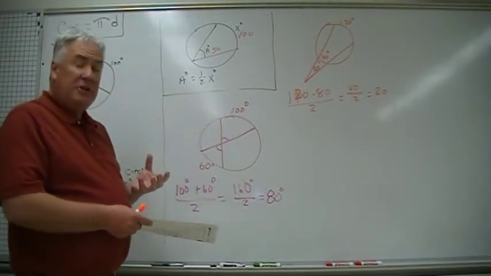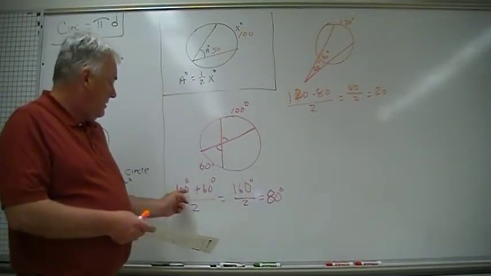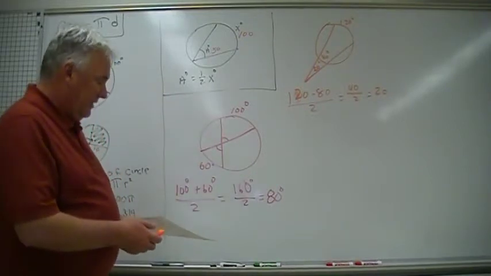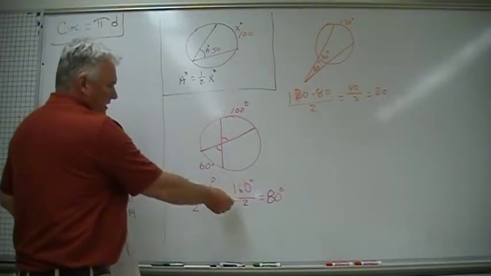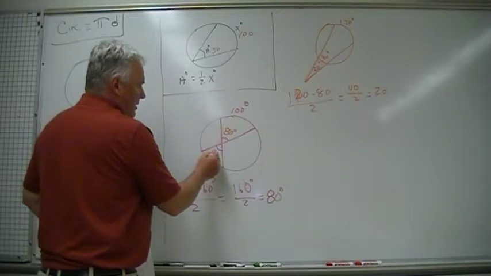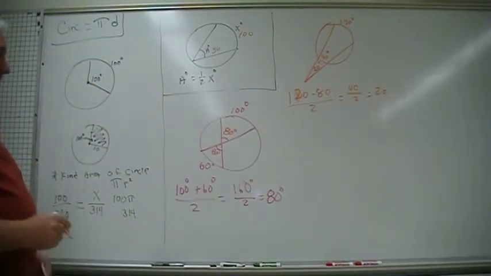The relationship you need to know is add this, and divide by 2. And you will get the measure of this angle. So 100 plus 60 is 160, divided by 2 is 80. So each of these angles will be 80 degrees.